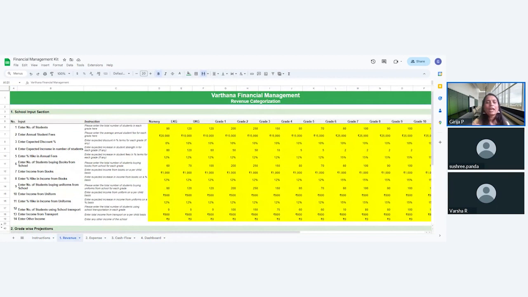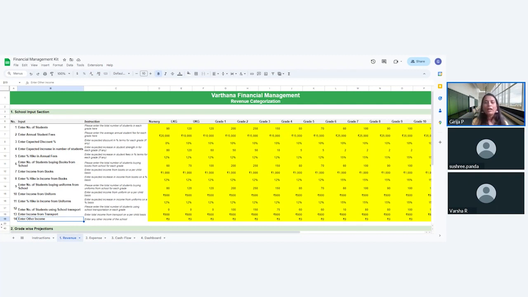Based on our research and feedback from the schools, we have put in the sources from which schools generate revenue: the annual student fee, income from books, income from uniforms, income from school transportation, and income from other sources as well. If there are other income sources for you, which we are generating through school functions, you can put that in other income.